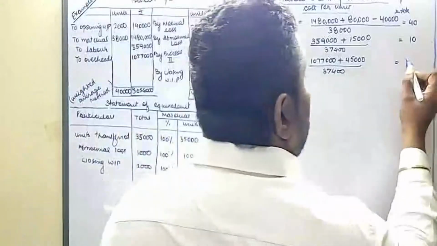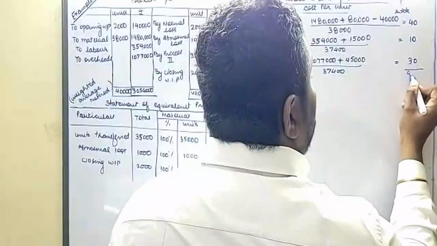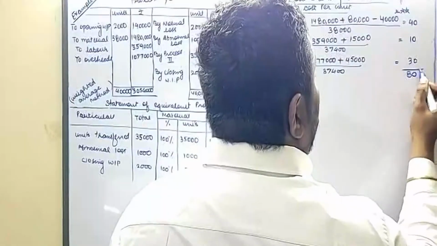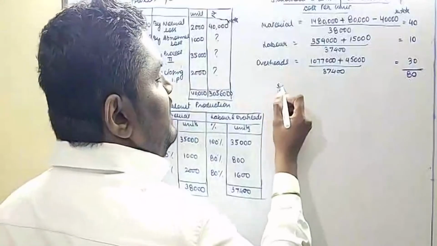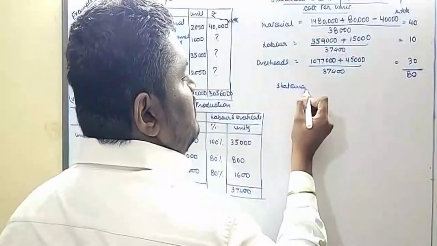So that is 30. So my total cost per unit will be rupees 80. Since we have got the cost per unit, next we will prepare the statement showing apportionment of cost.